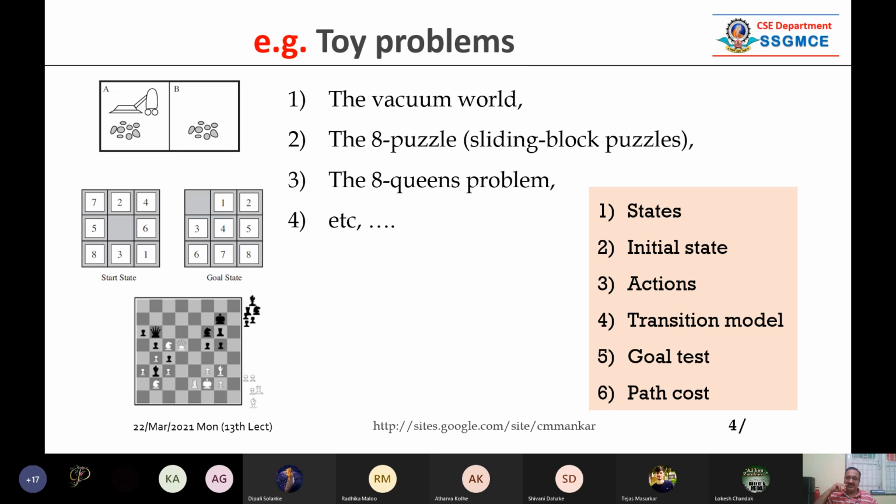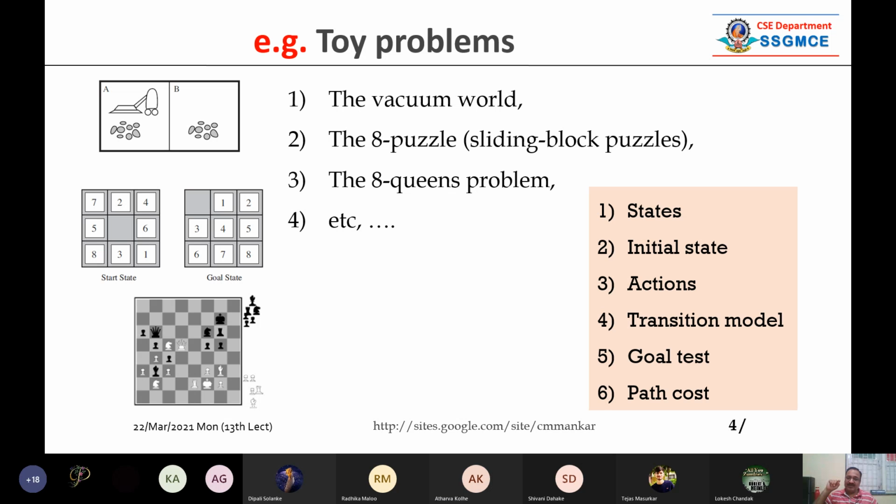So whatever the examples are, we have to think in terms of initial state, final state, and actions. Actions may be anything: sliding a tile, or moving some wazir or queen. Then there is a transition model, a goal test, and path cost.